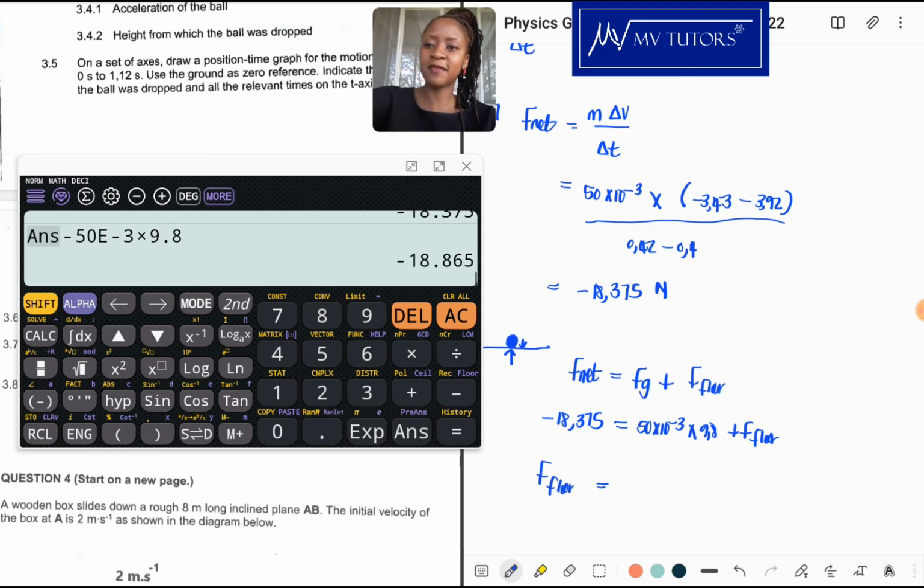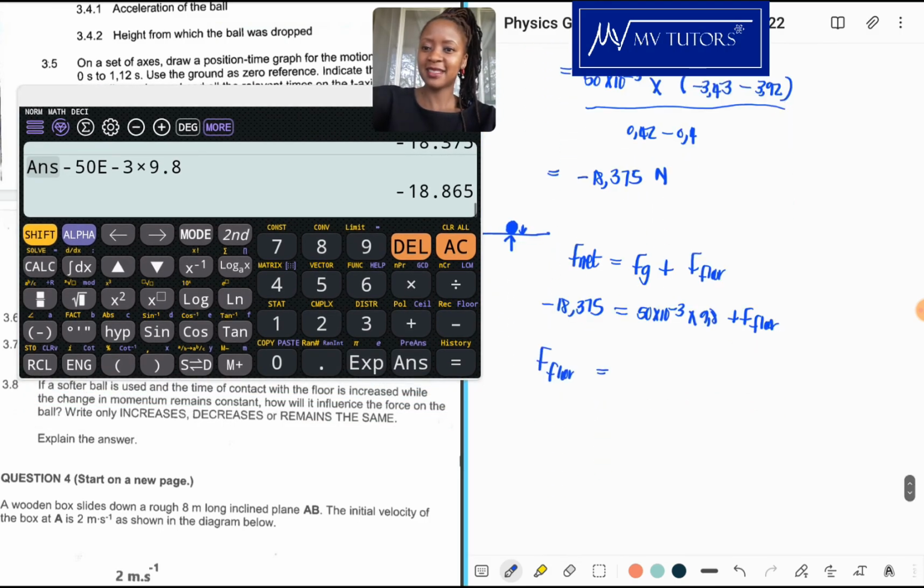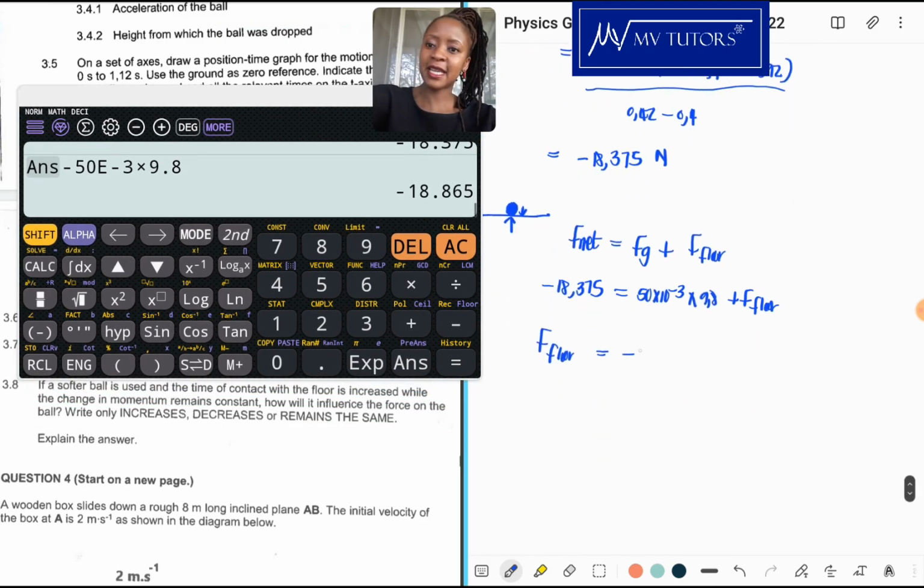Okay, so the final answer is, just shift that and increase that, negative 18.865 Newton, which translates as 18.865 Newton.